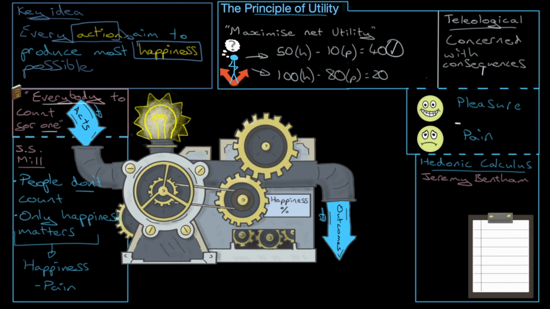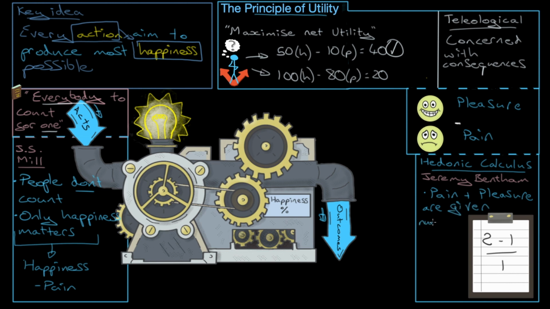So the hedonic calculus is that we literally do a sum to produce the answer. The idea is that pain and pleasure are given numbers.